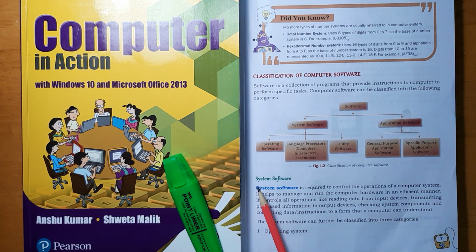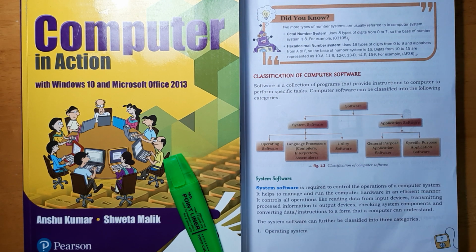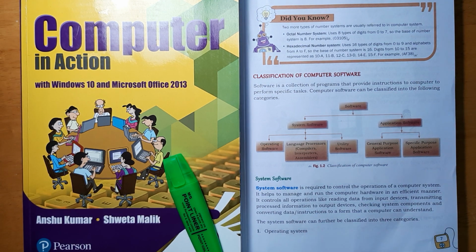The first one is system software. The system software is required to control the operations of a computer system. So, what are the other functions of a system software? My dear friends, system software helps to manage and run the computer hardware in an efficient manner.